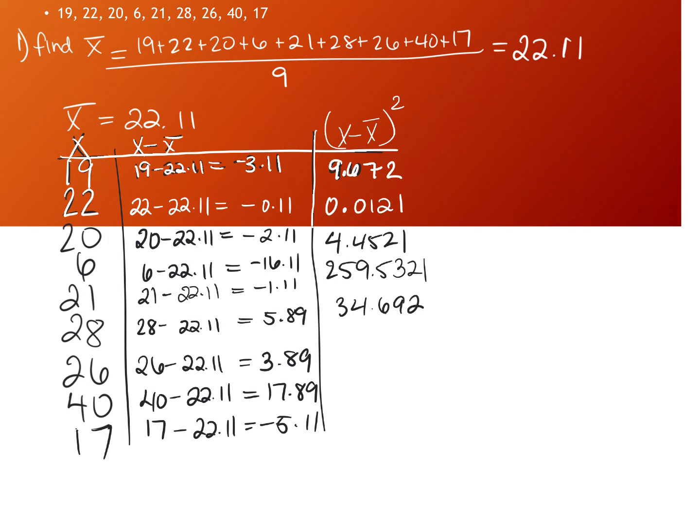3.89 squared. Why are we putting so many decimals? When we're doing calculations with decimals that keep going, we want to round as little as possible, because every level that we round at, we take away more accuracy.